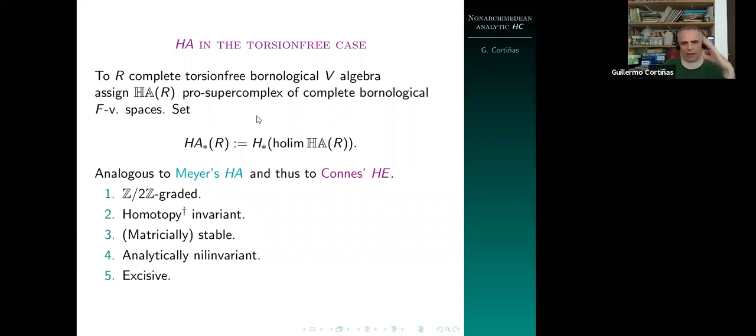So these are good properties that you may want to have, and as it happens with many of the theorems about K-theory, say, you can prove many things just using that HA has these properties without anything else but these properties.